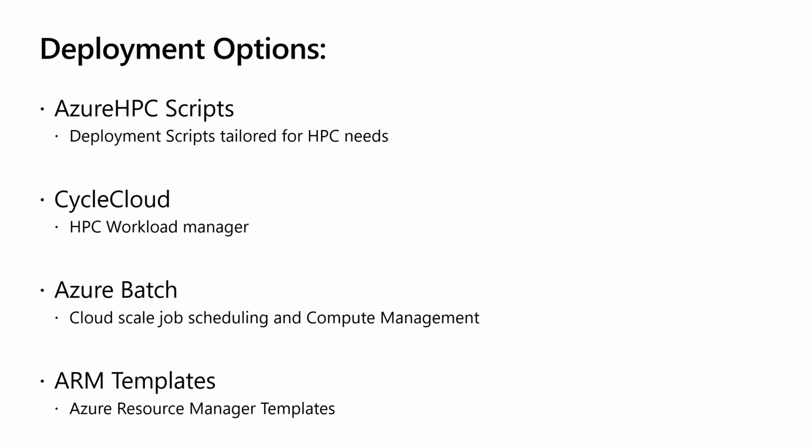There is one question in Q&A. Sure. How do you disable SMT and have only one hardware thread per CPU core? All of our HPC SKUs, our H-series SKUs, don't have hyper-threading enabled, so those are all physical cores. Did that answer your question?